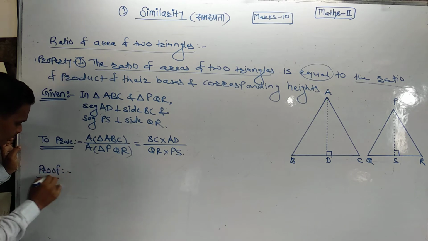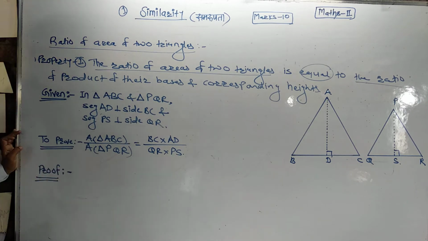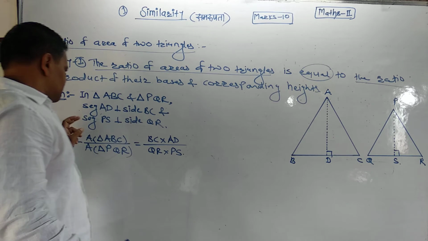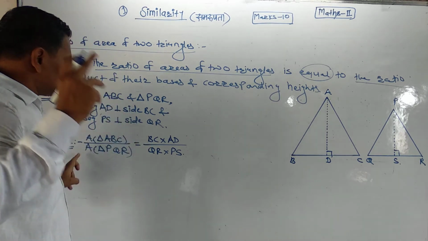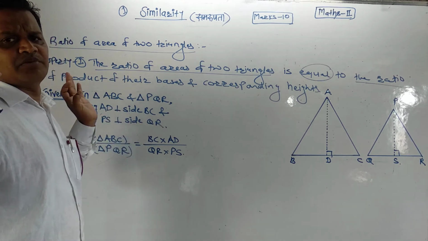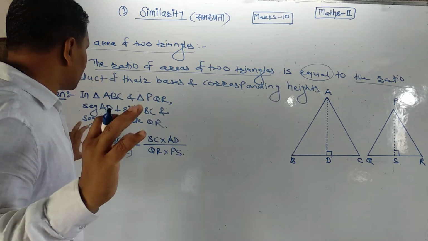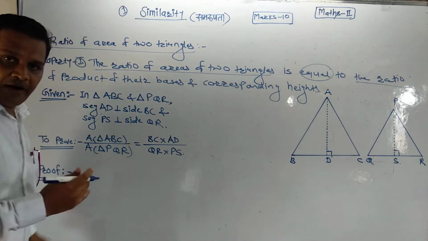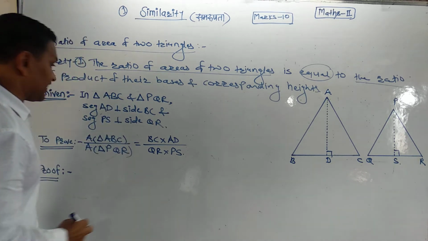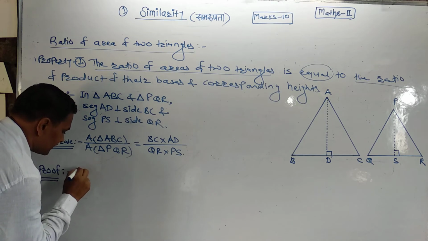Proof. Very important. It's very easy. Understand? First of all, we must find the area of the first triangle, then find the area of the second triangle, and then divide them. Thus we will get the ratio of areas of the two triangles. For that, I am going to find the area of the first triangle, that is, in triangle ABC.